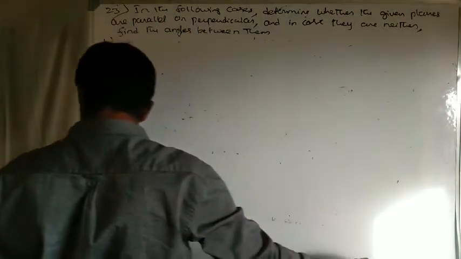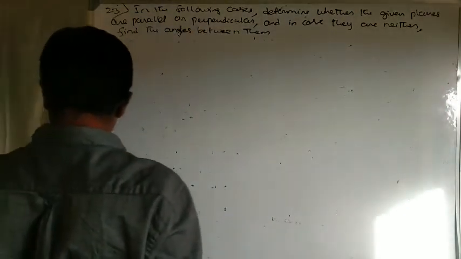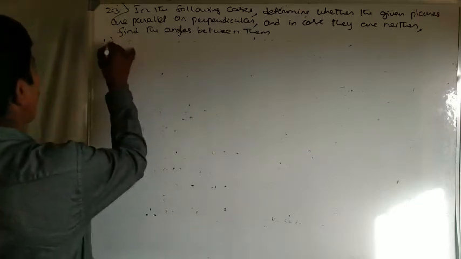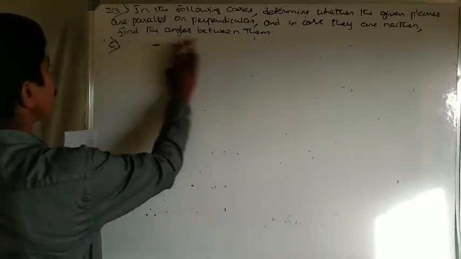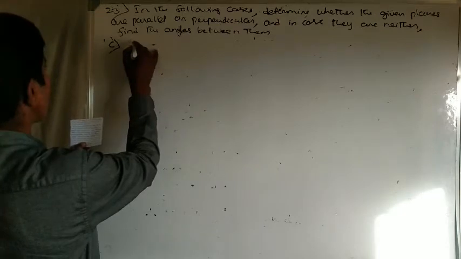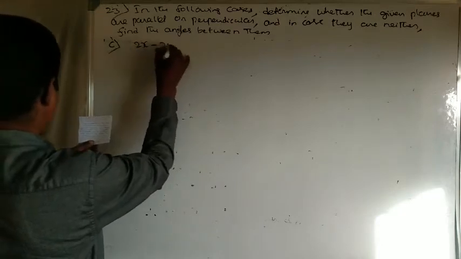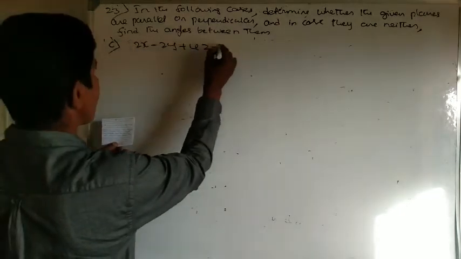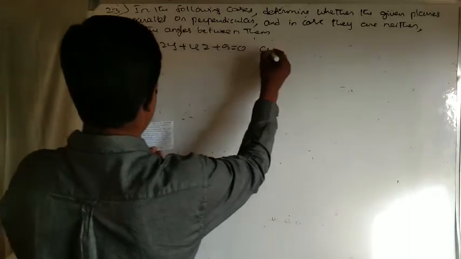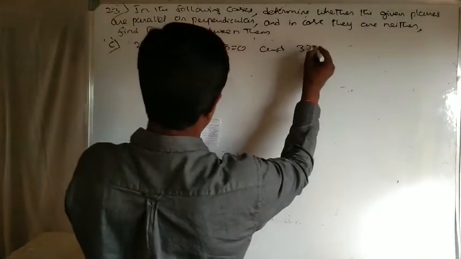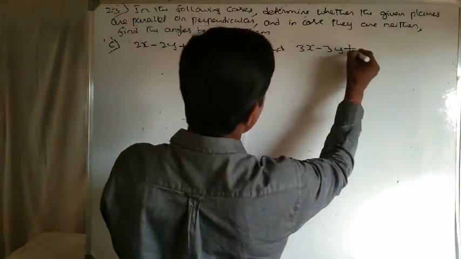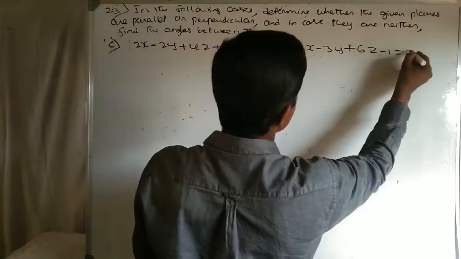So next, the problem: 2x minus 2y plus 4z plus 5 is equal to 0 and 3x minus 3y plus 6z minus 1 is equal to 0.